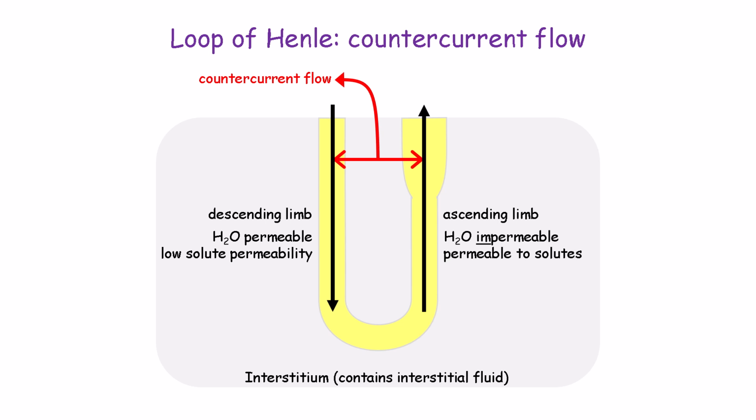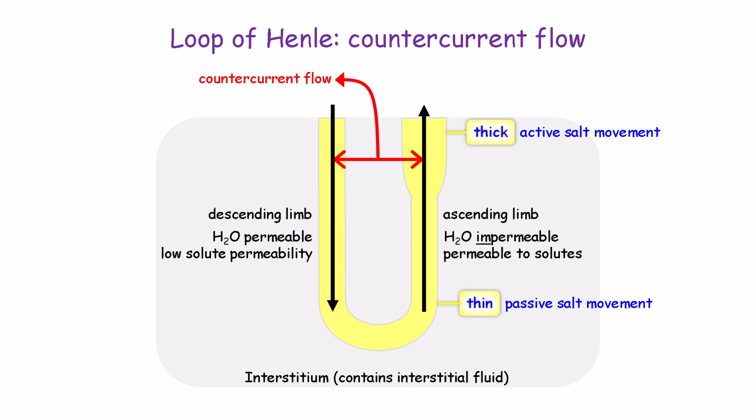The ascending limb has two segments, a thin segment where salts passively diffuse out of the filtrate, and a thick segment where salts like sodium, potassium and chloride are actively transported into the interstitium. This difference, passive versus active transport, is crucial.